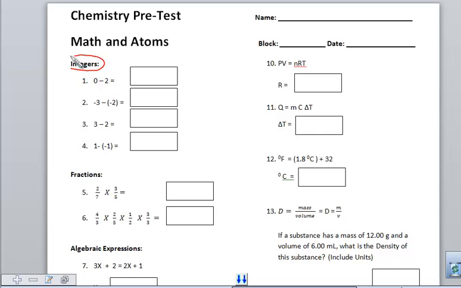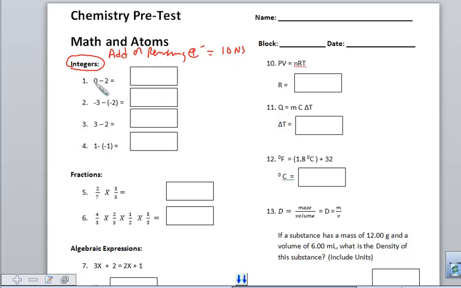What we're talking about here is probably best illustrated when you're adding or removing electrons from atoms, and that would be creating ions, creating charged particles.